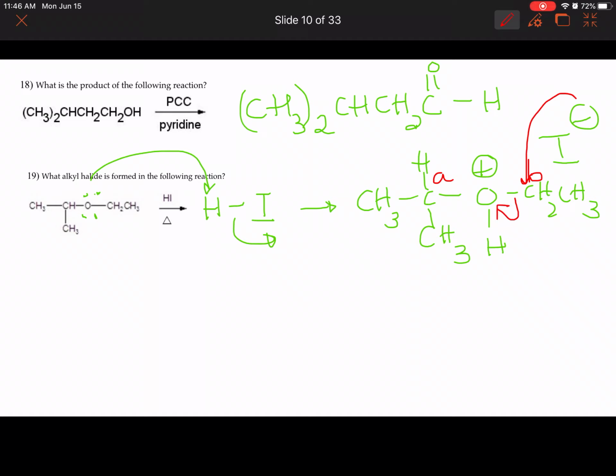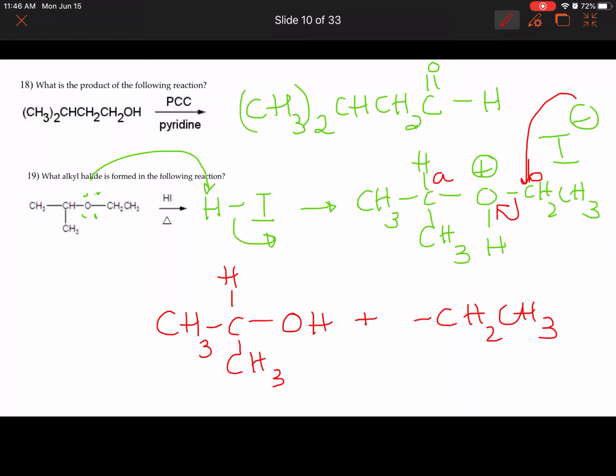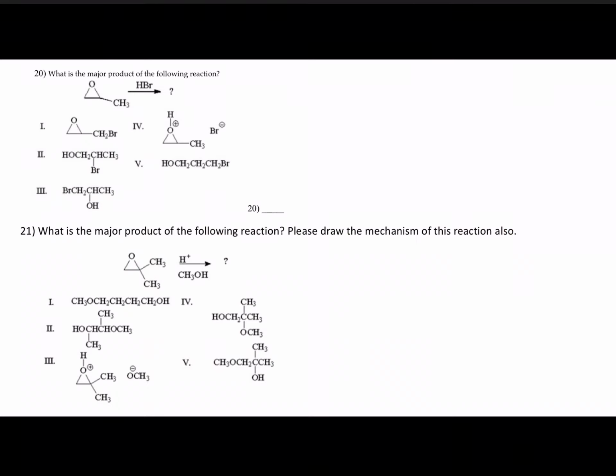So these two products: CH3, CH, CH3, OH, alcohol, and CH3CH2I. So that's the ethyl iodide that's going to form. Okay, it's not going to attack carbon A because it's more sterically hindered, since this is going to happen in SN2 fashion.